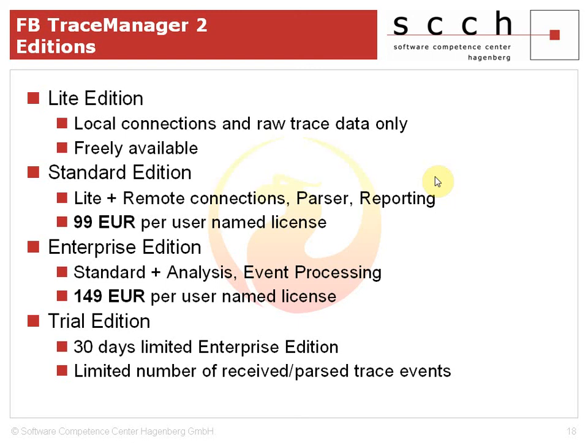Then there is the enterprise edition, which is pretty much the standard plus analysis with some kind of OLAP cube, and the presented event processing module is included. And there is also a trial edition, which is pretty much the enterprise edition limited to 30 days, and the number of received and parsed trace events is limited to a fixed number. So those are the editions.